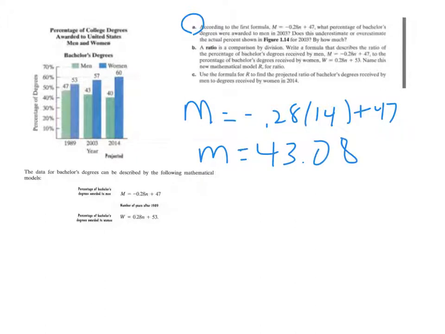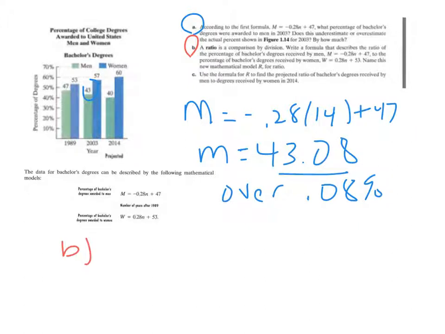So that will be the average age of a man with a bachelor's degree. So continuing with answering the question, this in comparison to what it says in the model is 43, so it overestimates by 0.08%.